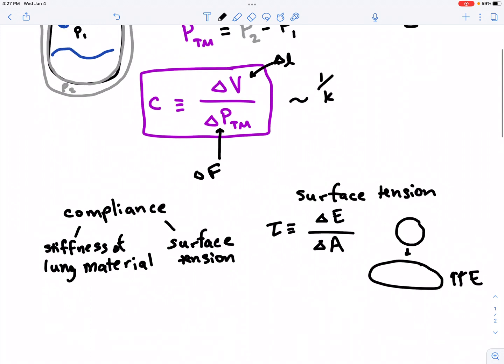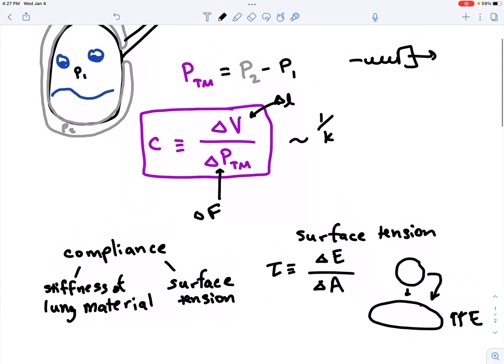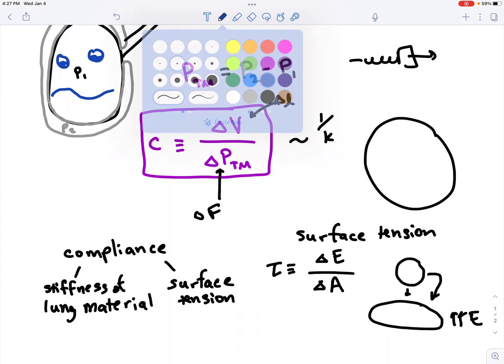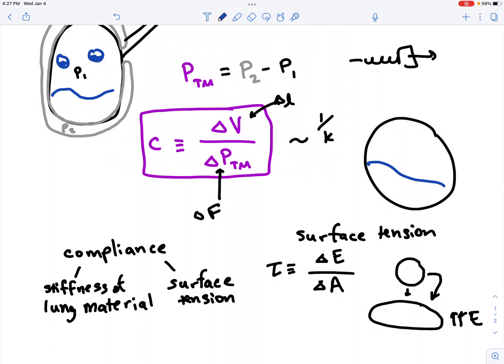We can think about this bubble, what's happening to these bubbles as we open up our lungs. Well, what's happening is that the water, which was initially sitting in our alveolus in a little bubble shape, let's say, sitting at the bottom of our alveolus, like this. As our alveolus gets bigger, that bubble is going to get spread out, right?